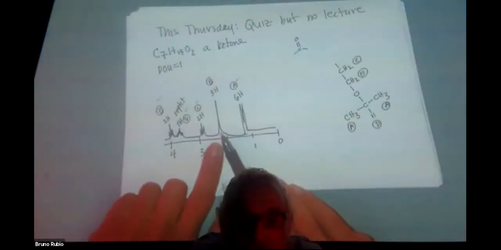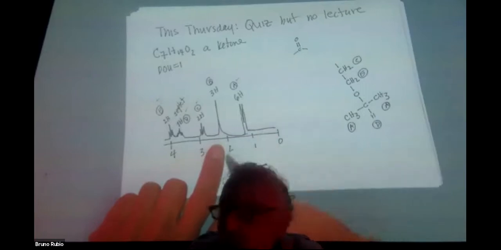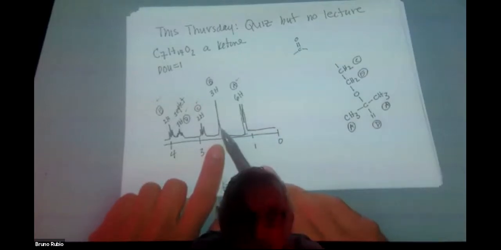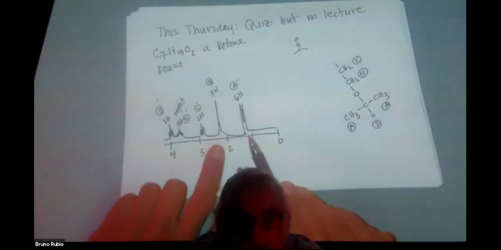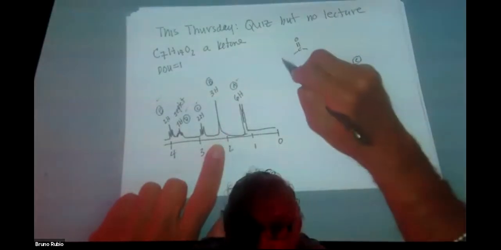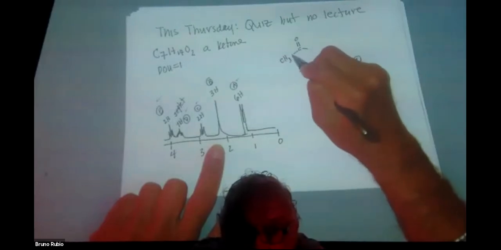Okay, a 3 hydrogen signal. So what fragment does that imply? A CH3. And then when I look at my table of chemical shifts, I see that a hydrogen bonded to a carbon which is bonded to a carbonyl carbon is at about 2.1. So this CH3 group must live here, right?